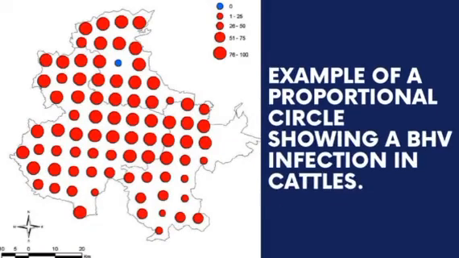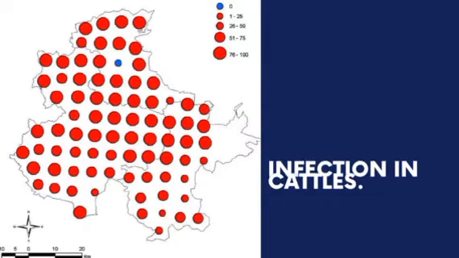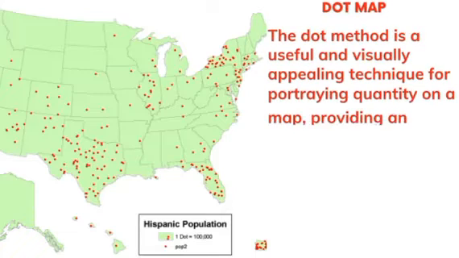For example, as you can see, the circle varies from one place to another, depicting the data reflected.